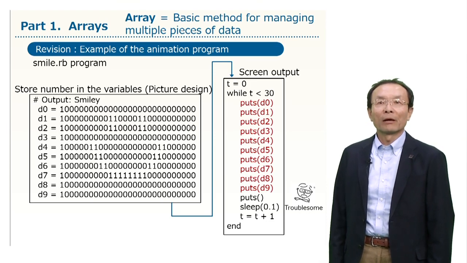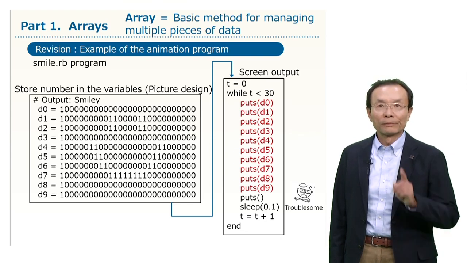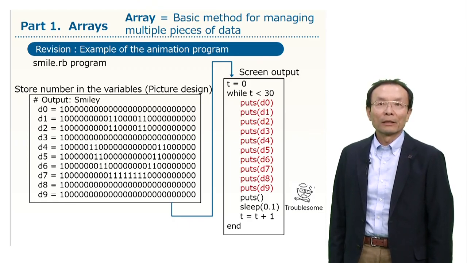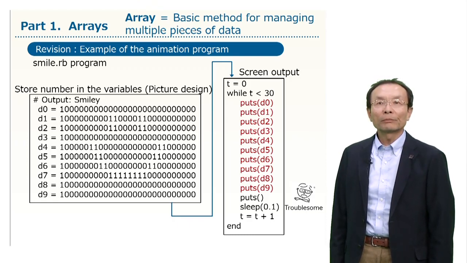This is where an array really comes in handy. A standard variable is regarded as one box, which can keep only one piece of data, that is, one number. On the other hand, an array consists of multiple boxes. You can put many pieces of data in, one at a time. This basic method therefore lets you manage multiple pieces of data as a batch.